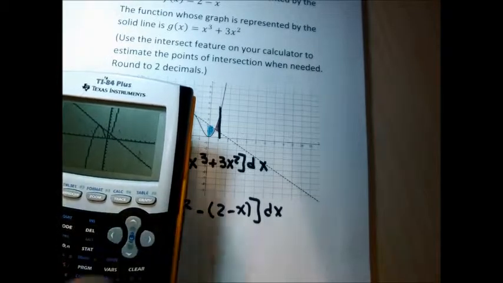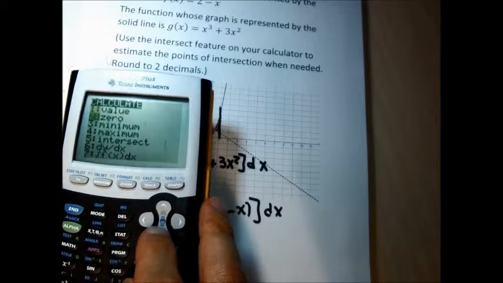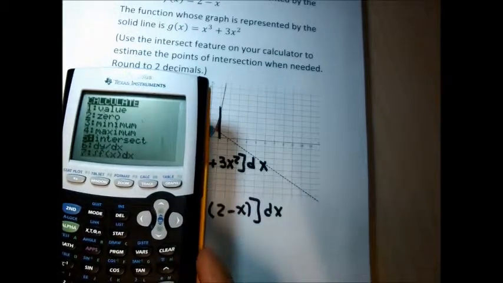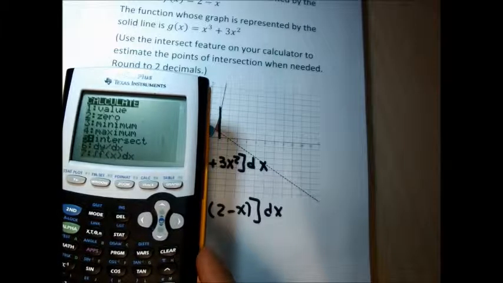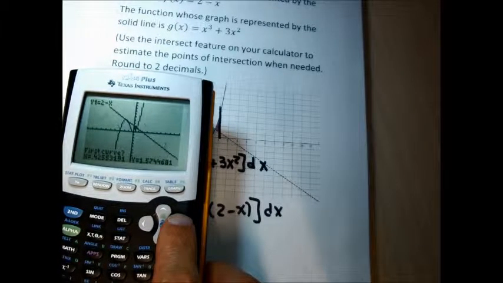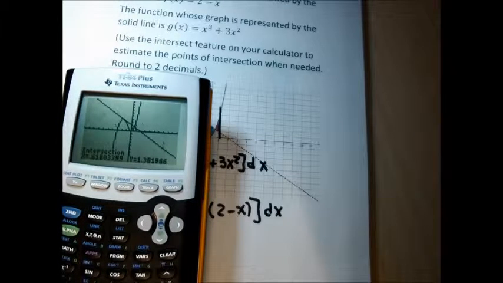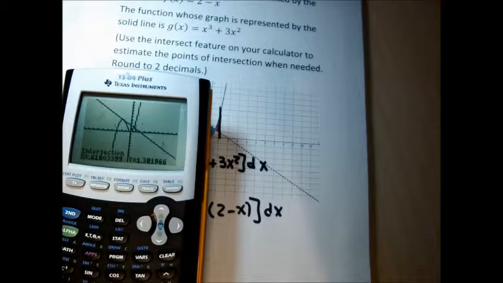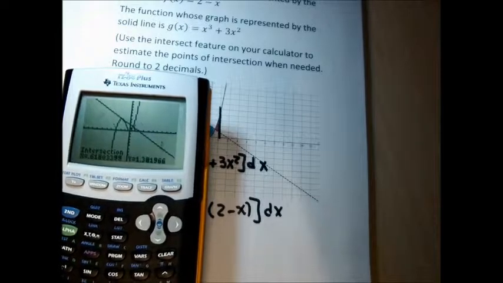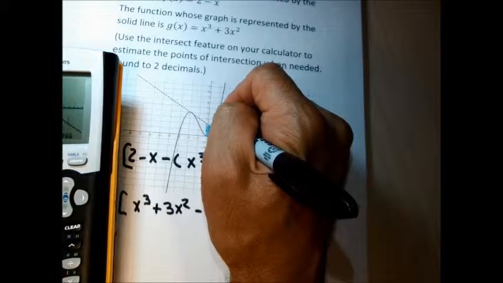Now I'm going to go second and then calc, use the intersect feature, which is option 5. For the intersect feature, you can be lazy. You can just start tracing and get as close as you can to the point where they intersect and just hit enter 3 times. So enter, enter, enter, and it'll give you its best guess. I'm going to round that to 0.62. So the x coordinate of where these two graphs cross is 0.62.